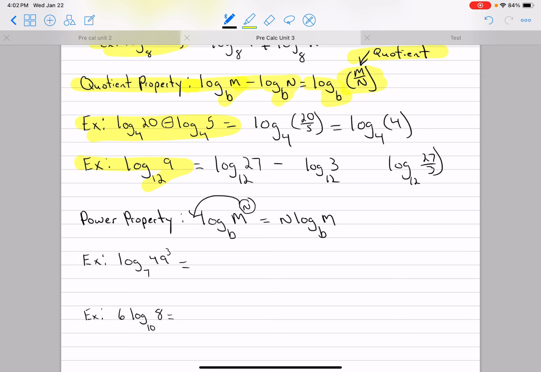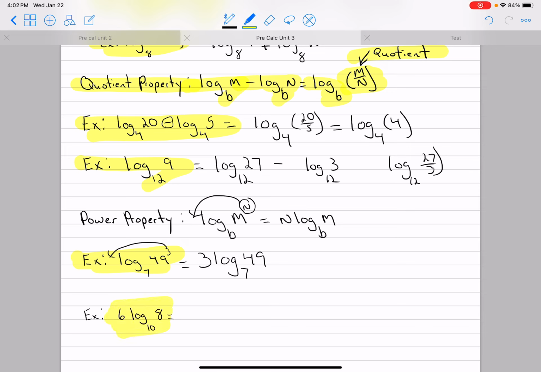That's it. So go ahead and rewrite this using the power property. Hopefully you did that and you were like, oh, okay, let me just take this bad boy and move it to the front. So I would get 3 log base 7 of 49 here.